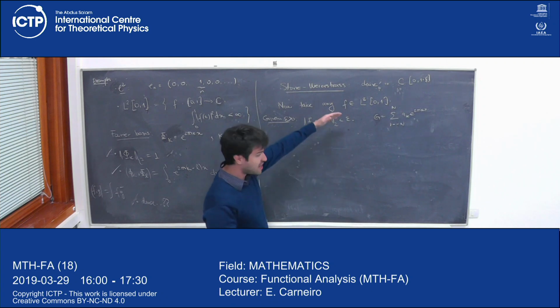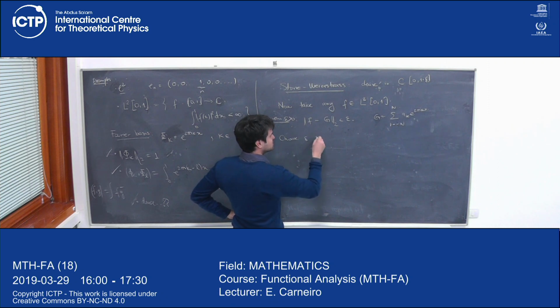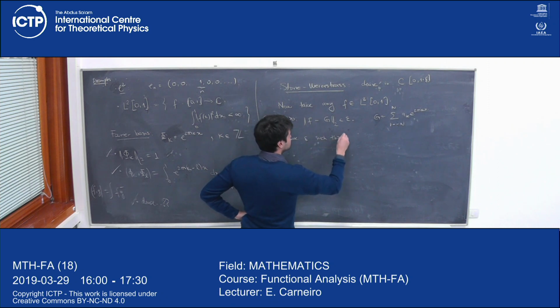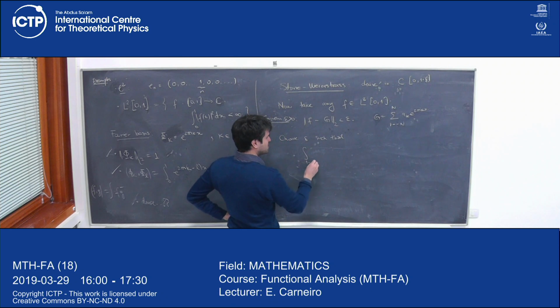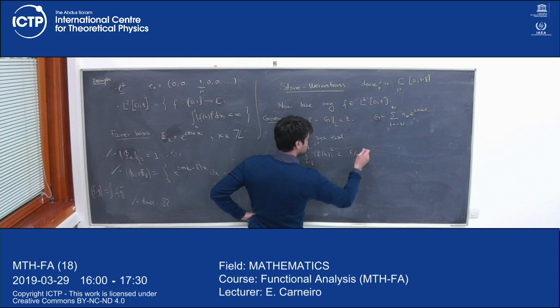So what you would do if your f is given, you will just say choose first delta such that the integral, say from 1 minus delta to 1, of f of x square is very small, so less than epsilon over 2.